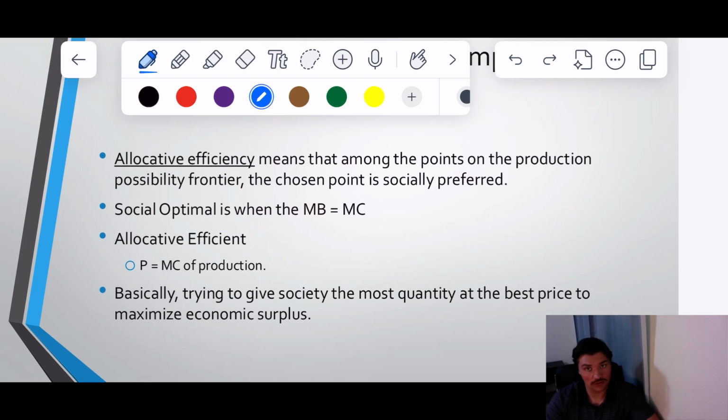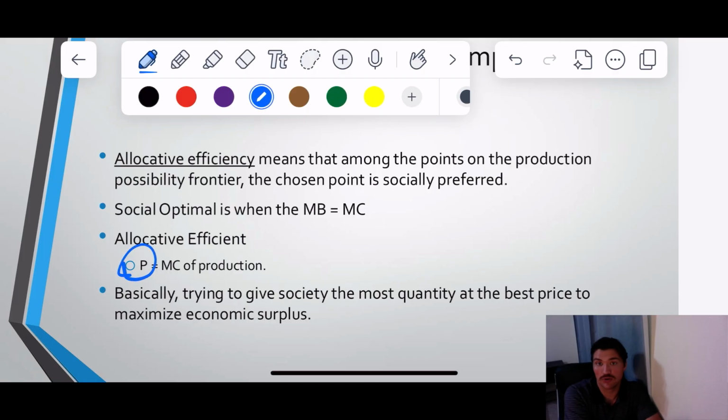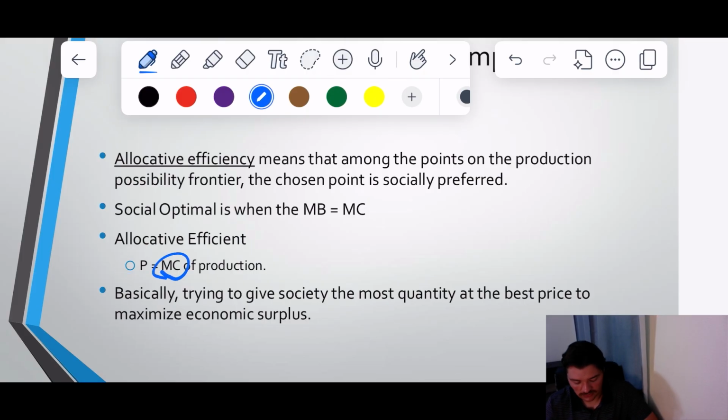So for the firm, if they are choosing a price, which is their marginal benefit, that is equal to the marginal cost of production, this is the best possible price for consumers and the best possible price for producers. Basically, trying to give society the most quantity at the best price to maximize that economic surplus we talked about in chapter 3. Okay?